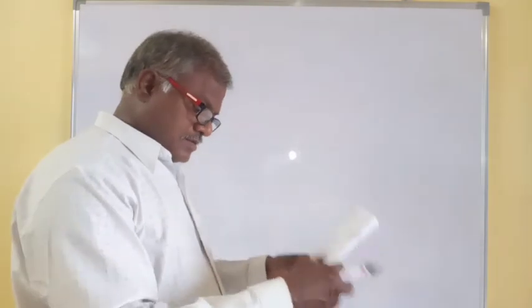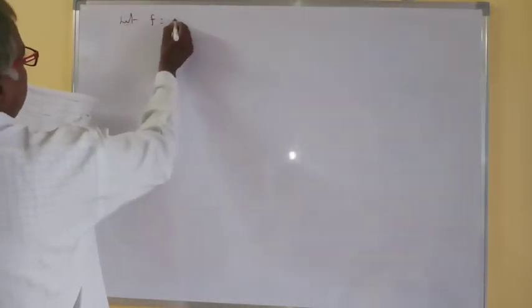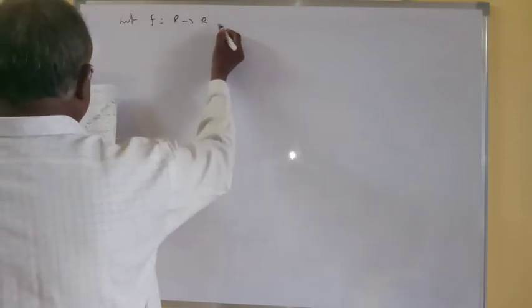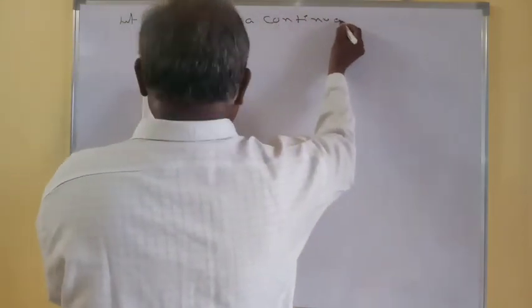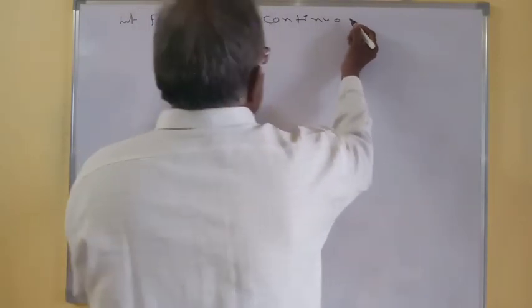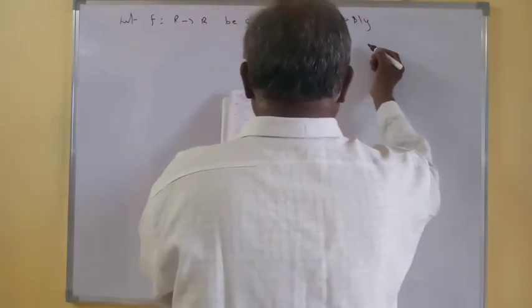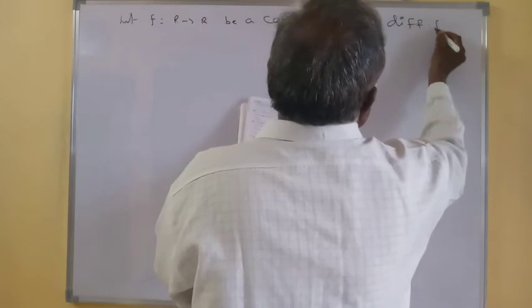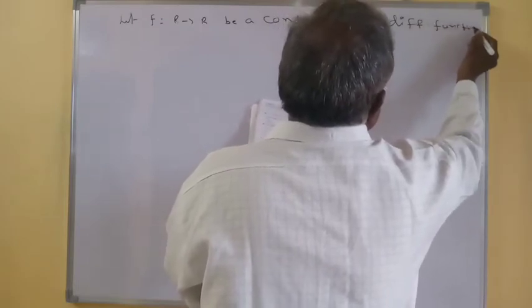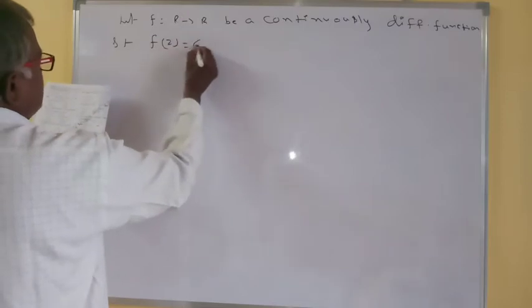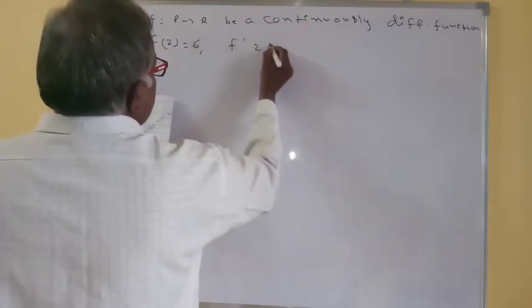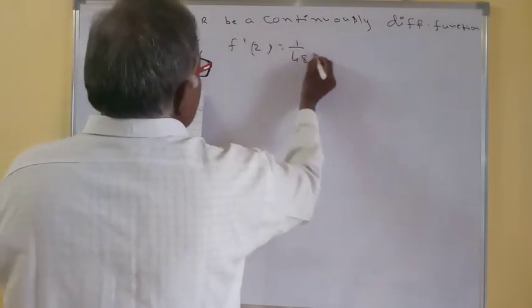Next question. Let f map R to R be a continuously differentiable function such that f of 2 is equal to 6 and f dash of 2 is equal to 1 by 48.